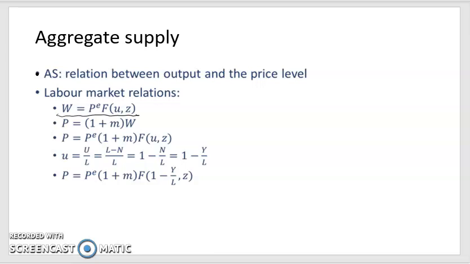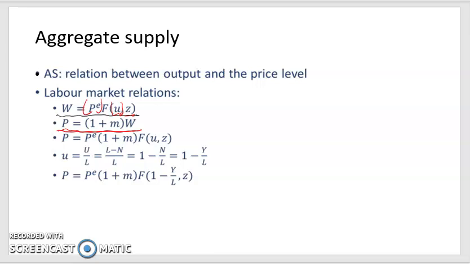So nominal wages set by wage setters depend on expected prices, negatively on unemployment, and positively on catch-all variables. We also derived the price determination as price being a function of 1 plus markup times wages.